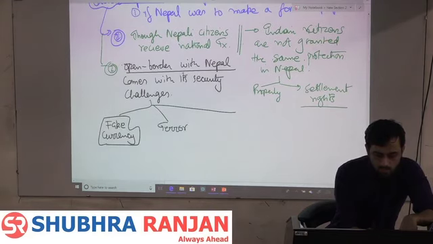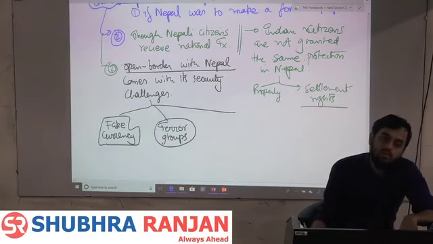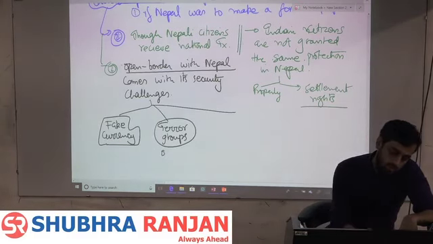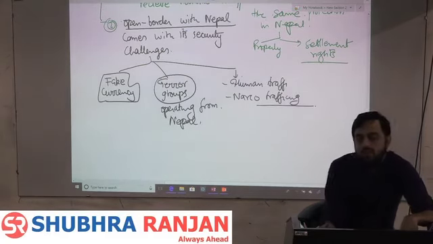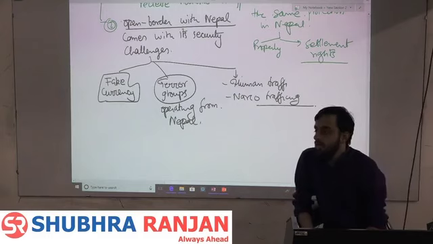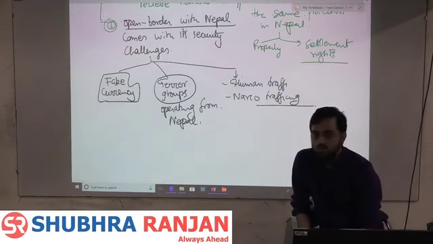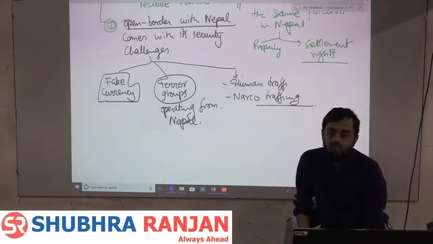Terror groups who may set up their shop across the Indian border on the Nepali side, terror groups operating from Nepal side, or you have human trafficking, narco trafficking, etc. So India said that maintaining this open border with Nepal comes with a huge set of challenges also. Okay, that is there, and they must also be addressed.